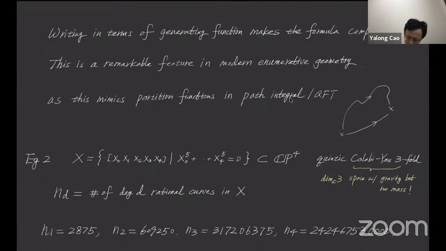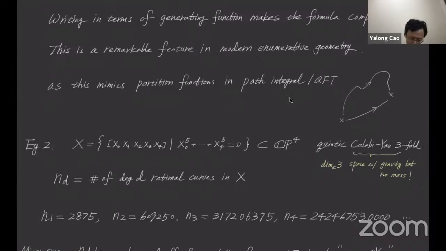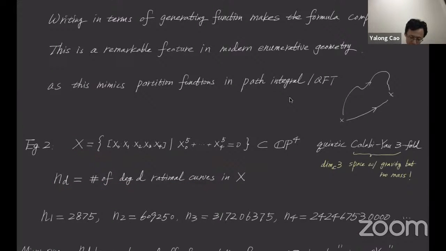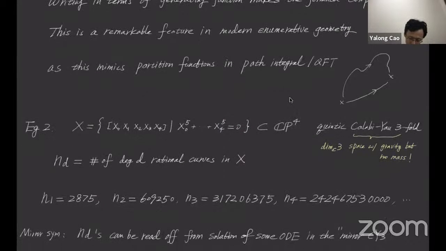A word about this Calabi-Yau space is that it has a very nice physical interpretation. It gives an example of a space which has gravity, but there's no mass inside this space. So we can consider the counting of degree d rational curves in X. A rational curve is basically a sphere in X. Then you can see this list.